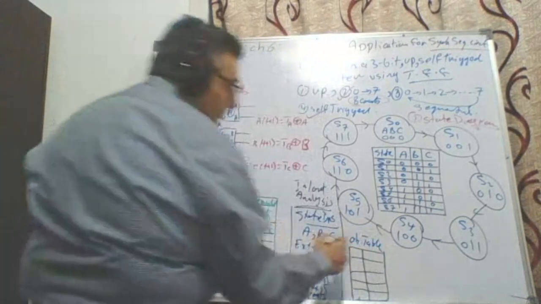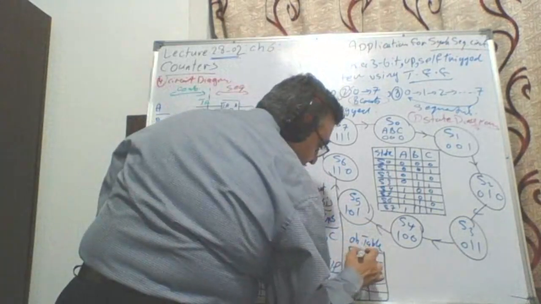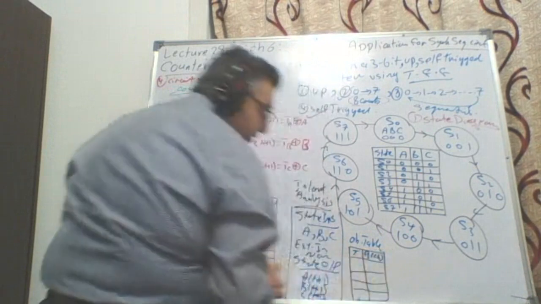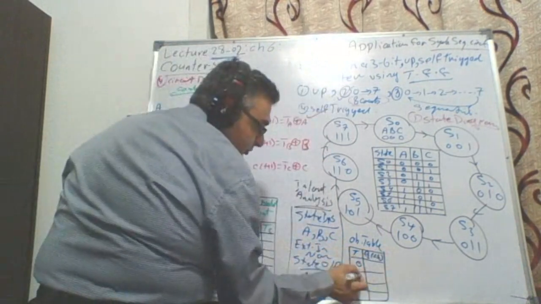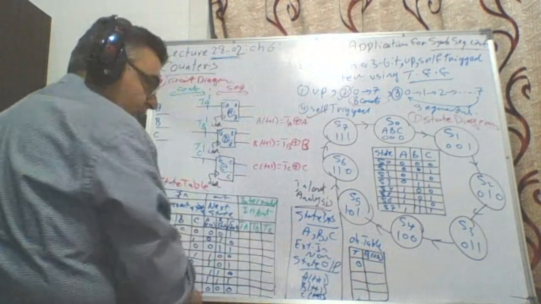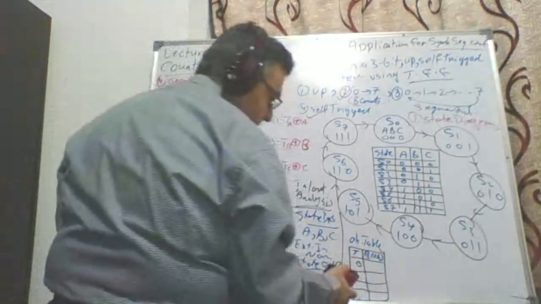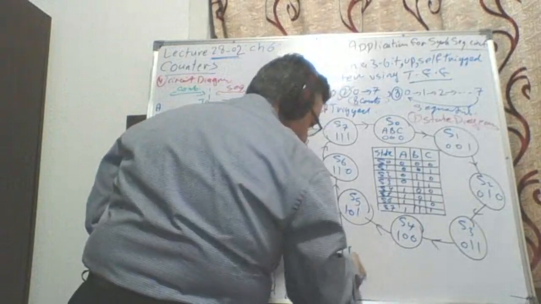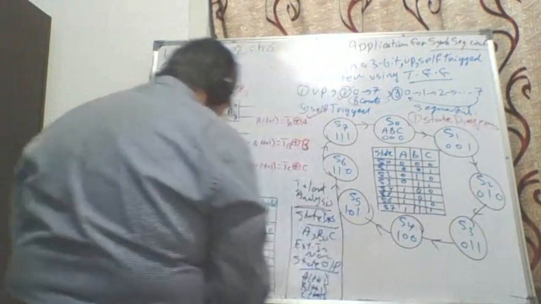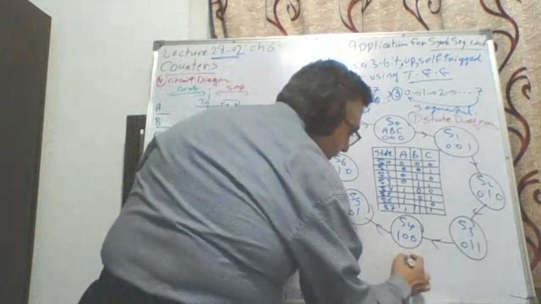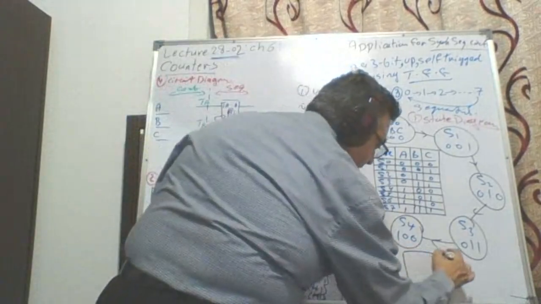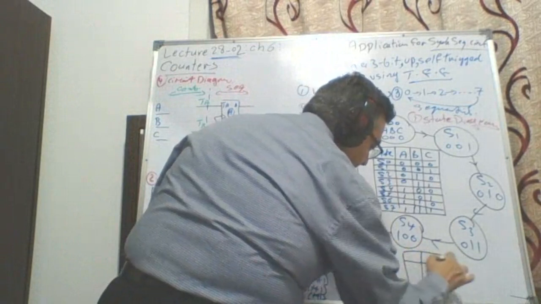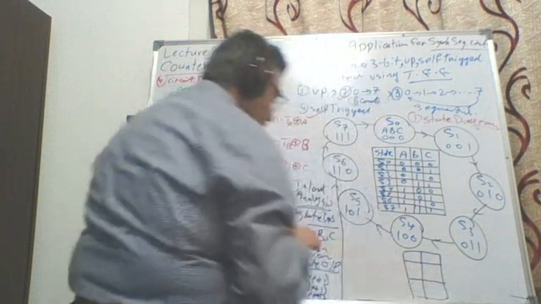The characteristic table tells me that if I have T, I have Q of T plus 1. The characteristic table simply has only one input, so I have only 2 options.